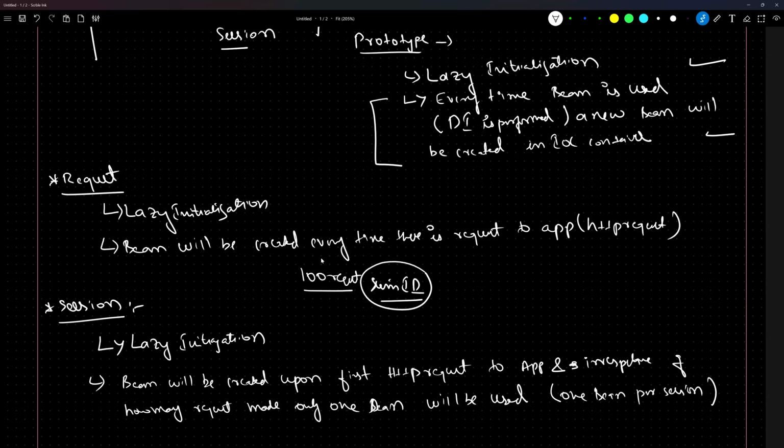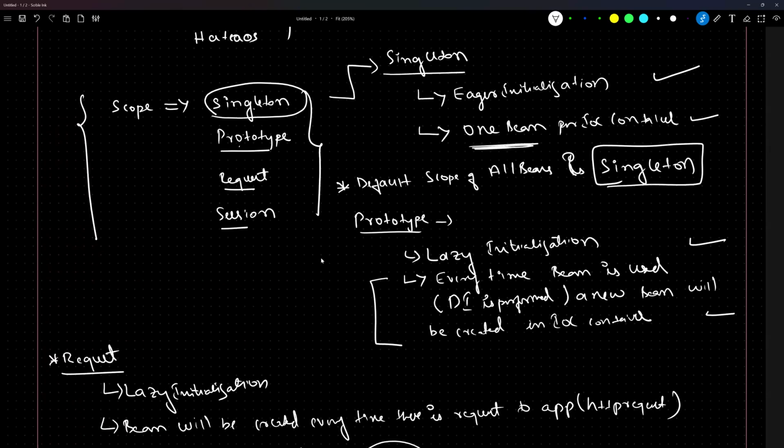So, guys, just to conclude, and this is important with respect to interviews: use cases are many, but every application will not use this. So in most 95% of the cases we go with the default. And what is the default scope? Singleton.